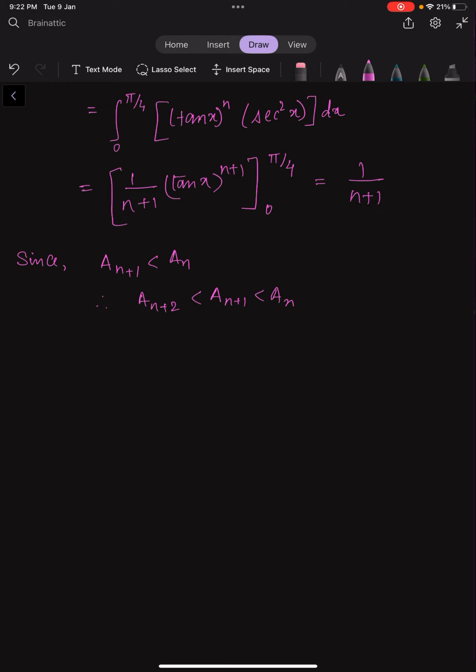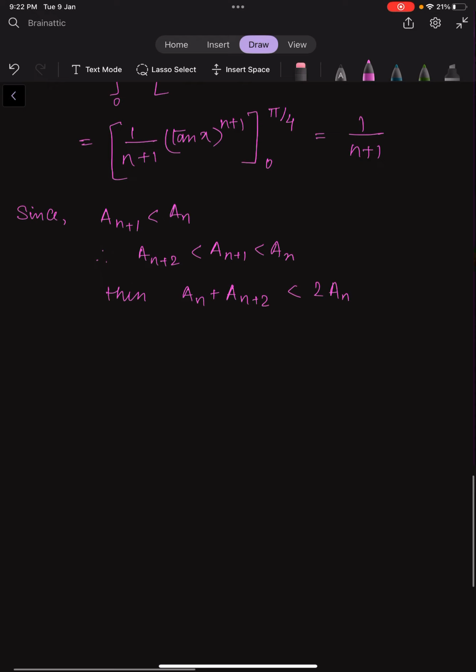Therefore we can say that An plus A(n+2) is definitely less than 2An. Now we just derived that An plus A(n+2) is nothing but 1 by n plus 1. So this is less than 2An. Therefore, we have 1 by 2n plus 2 less than An.